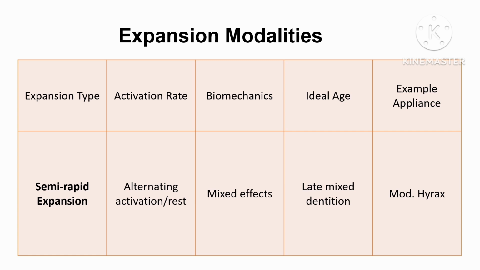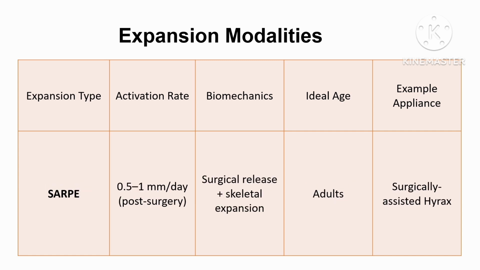We've already discussed SARPE. It is used in adult patients where the mid-palatal suture has completely closed or fused and it creates a huge hindrance or resistance in opening the suture. So in these patients we have to surgically open the suture.